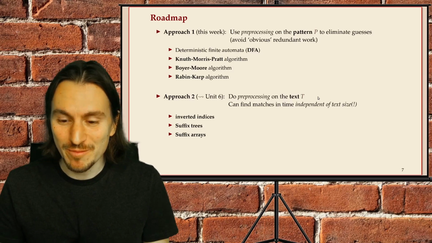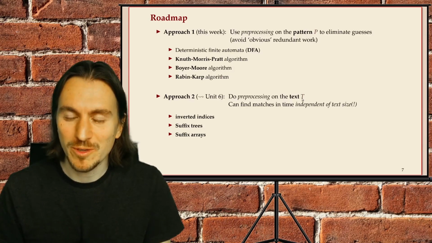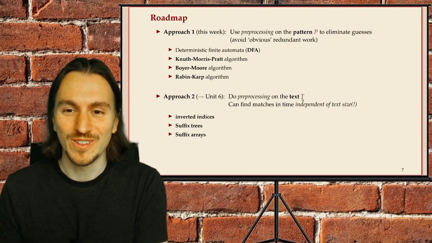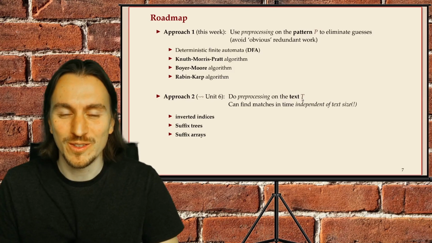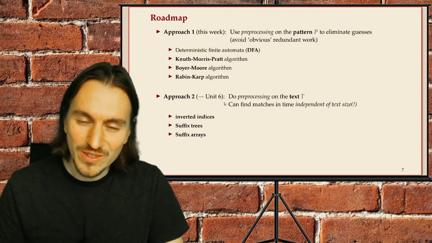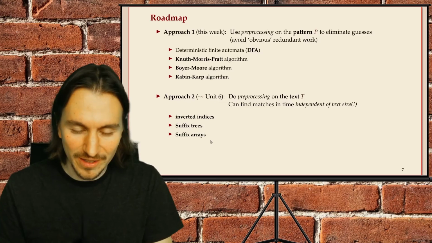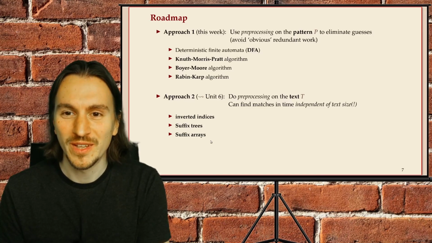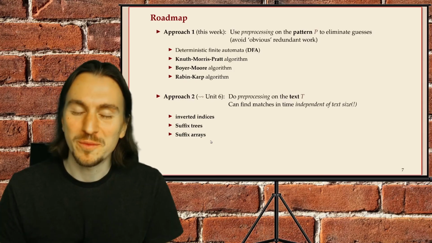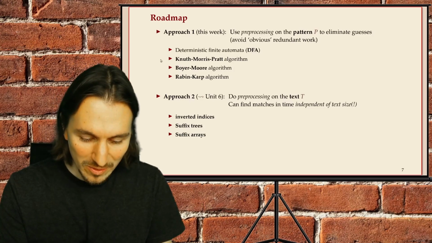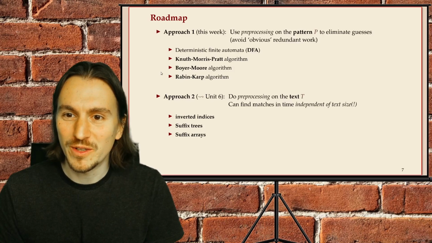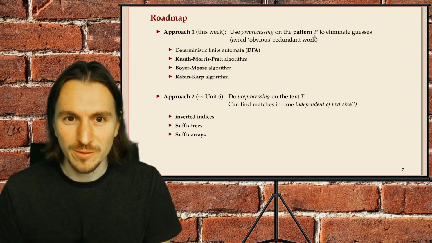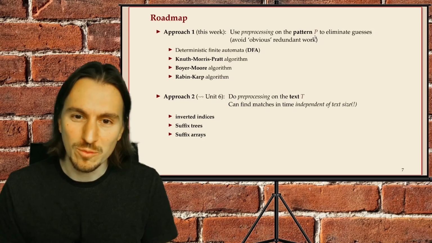And then it makes sense to pre-process the text, whereas the pattern might depend on the application, depending on what the doctors need to know about that person's genome. So we'll look in Unit 6 at methods for how you can pre-process the text and make use of that to speed up pattern matching. But for this week and for today, we'll start with the opposite version. The pattern is fixed, and we work on the pattern first, and then we do the matching.